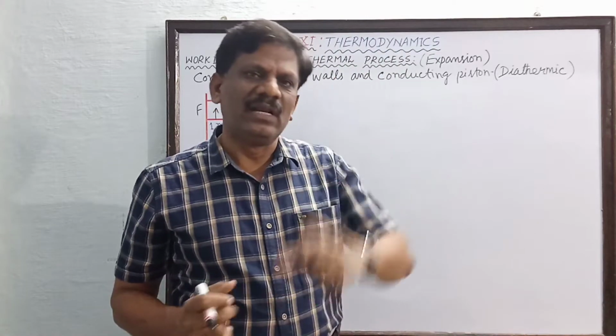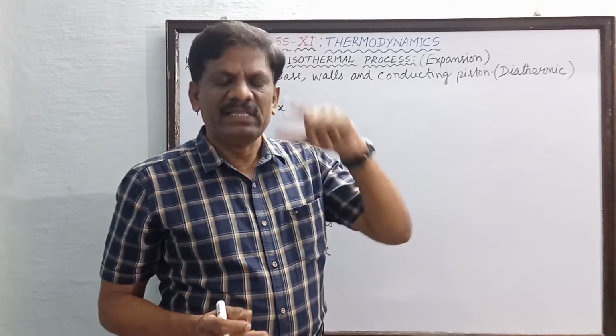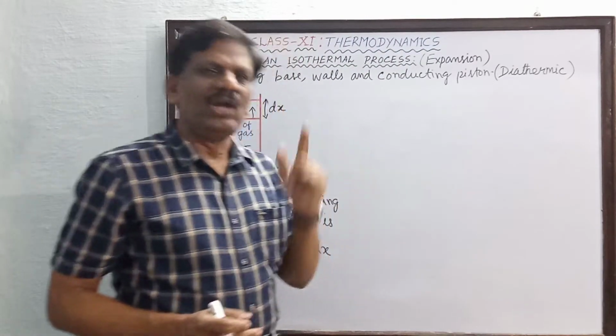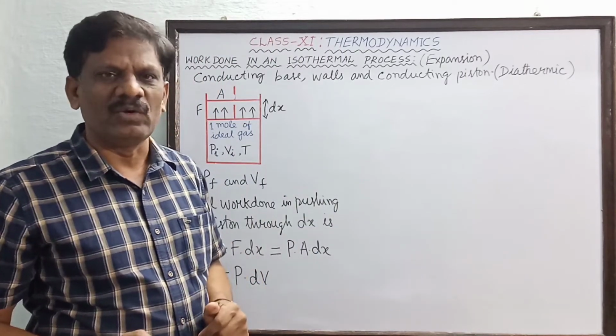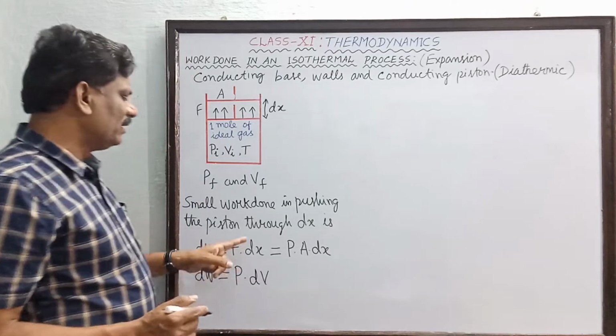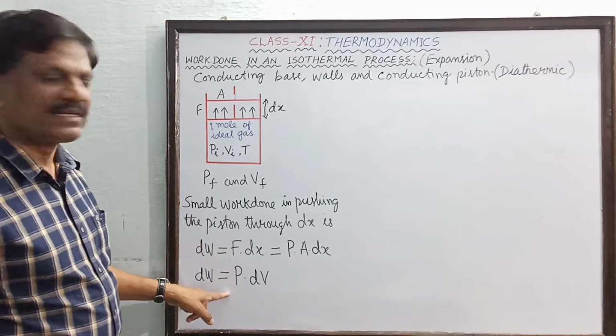So what is the total work done by the expanding gas from an initial volume Vi to a final volume Vf? Total work done, I am going to find out. So this is the work done for a small distance dx.